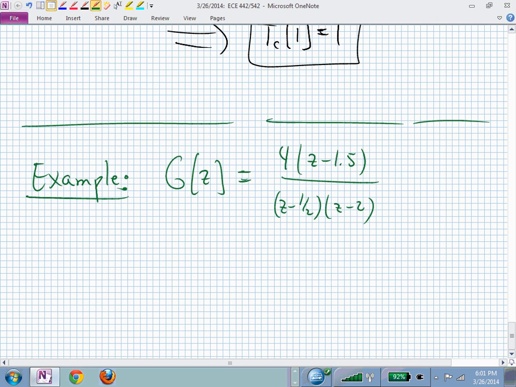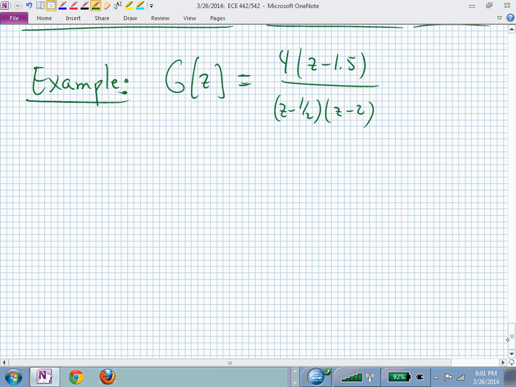What can you tell me about this plant? Anything? If somebody was interviewing you, and they said, oh, you've had digital control. Here's a plant, g of z. Tell me about it. Oh, you had digital control, didn't you? Is the interview over?